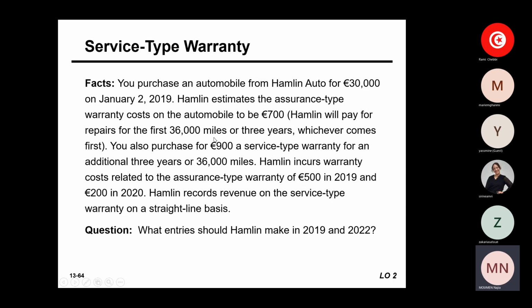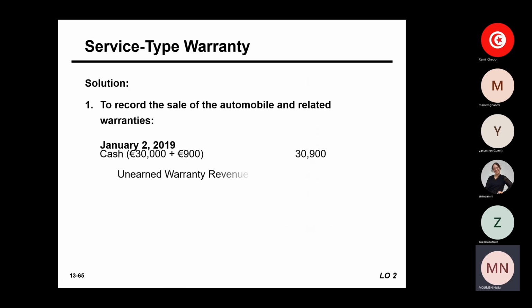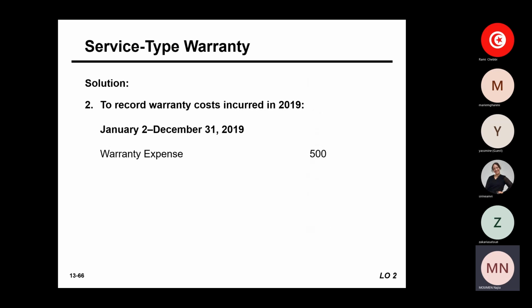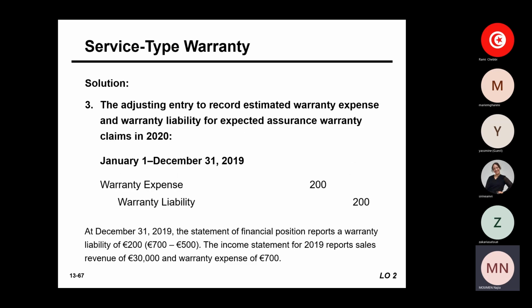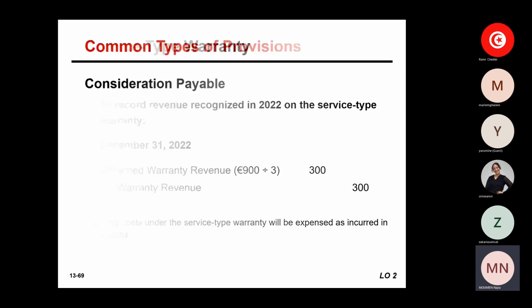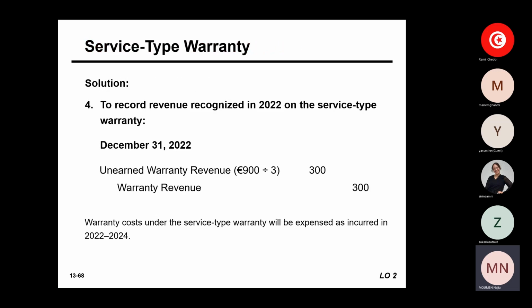The assurance type was 3 years. That's why from 2019 to 2022 we have this assurance type, and then from 2022 to 2024, that's the extra 3 years, the service warranty that was purchased as an additional amount paid to the firm. Okay.